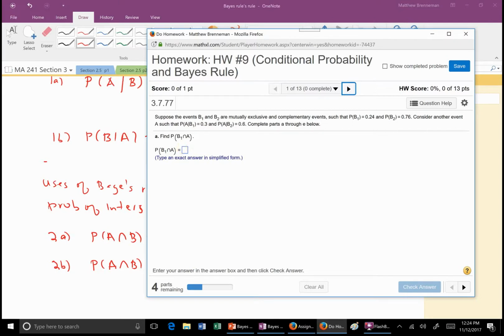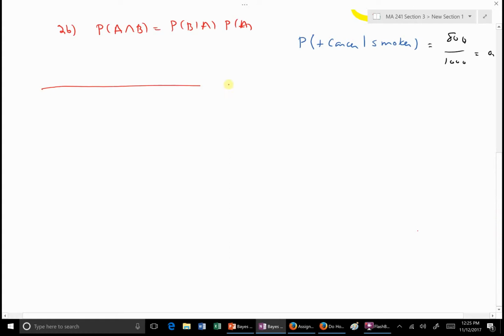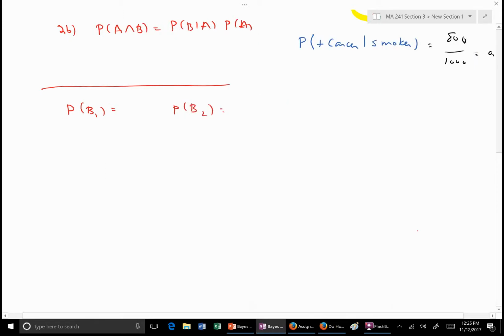Okay? So I can do that. Let's look at what we have here. So in this example, I'm given that the probability of B1 is 0.24 and the probability of B2 is 0.76.